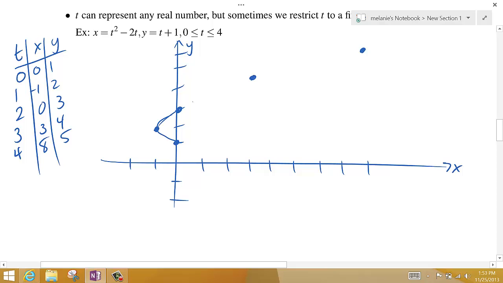Starting here and stopping right there. So this has a beginning point and an end point. This was t equal 4, this is t equals 0. It doesn't go beyond those values, but it goes in this direction in between them.